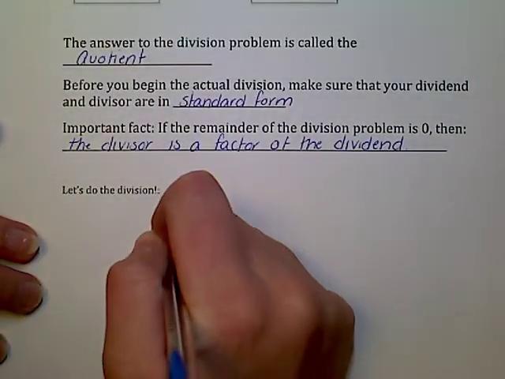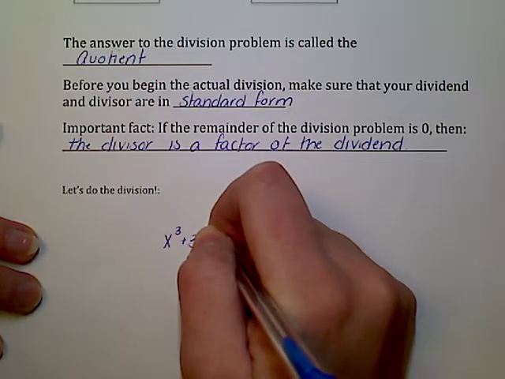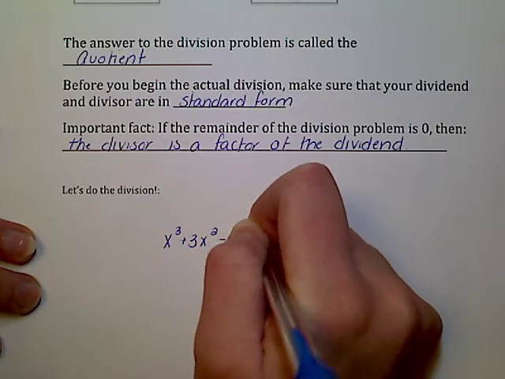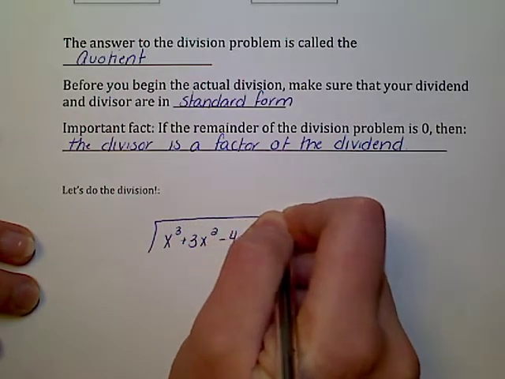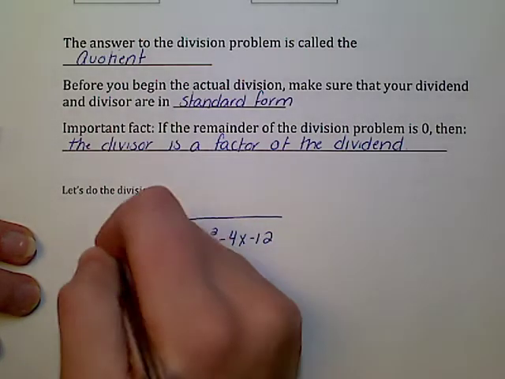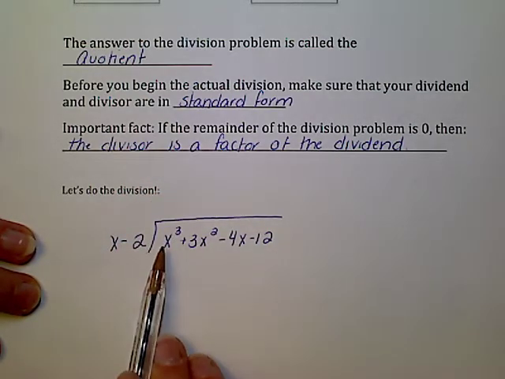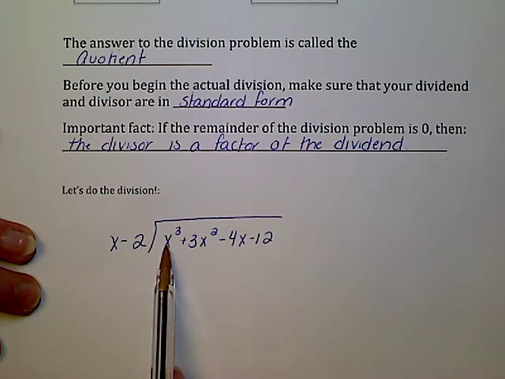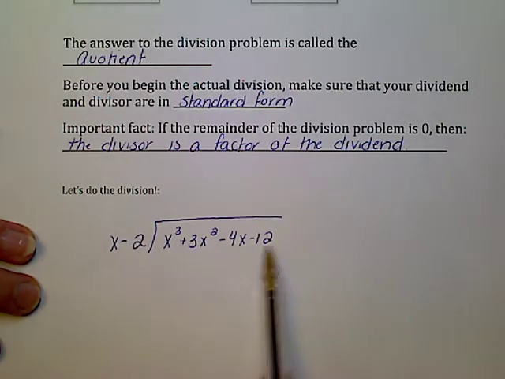I'm going to put the dividend, x cubed plus 3x squared minus 4x minus 12, underneath a division sign, and then I'll put the divisor out here. Now, one thing I do want to note is that the terms decrease very nicely. We go from x cubed to x squared to x, and then to no x at all.